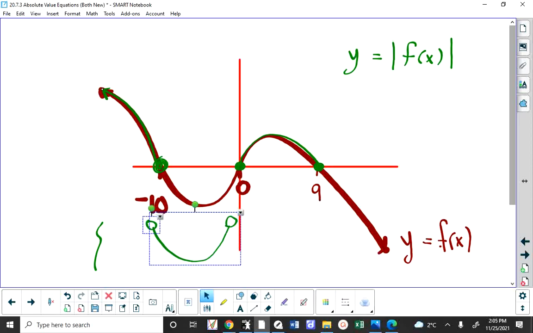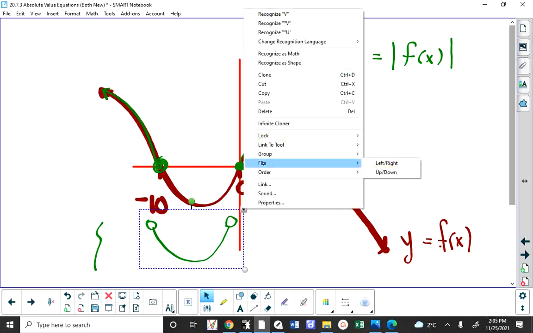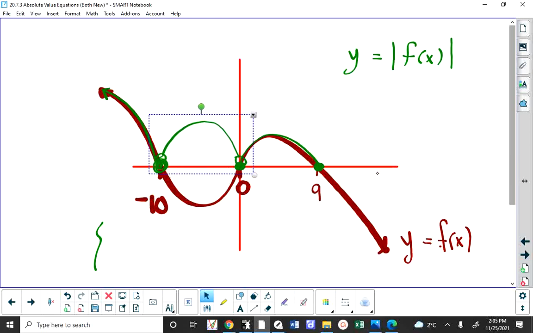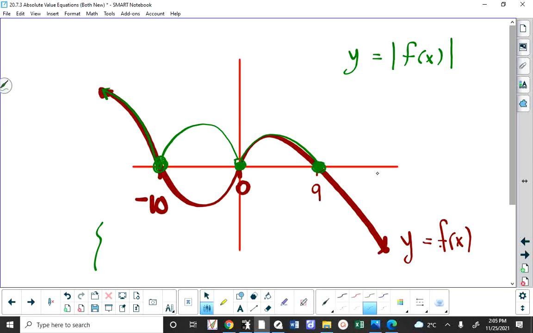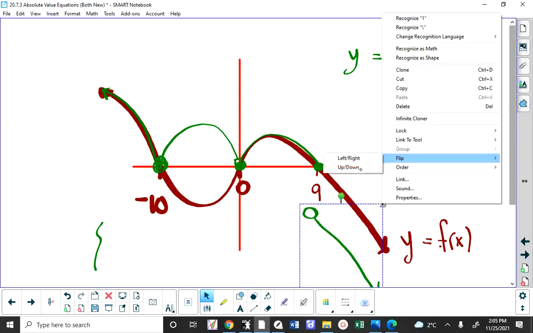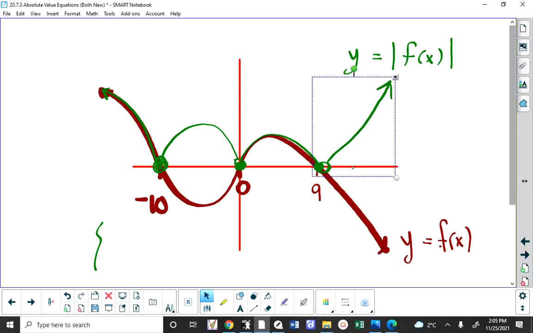If I flip this up, it's going to be there. And this part here, which doesn't include that x-intercept of 9, is all negative, so it needs to be flipped up. And it's going to look like that. So this was the day before. This was just saying, look at the graph, and wherever it's negative, flip it up. Are you with me on that?